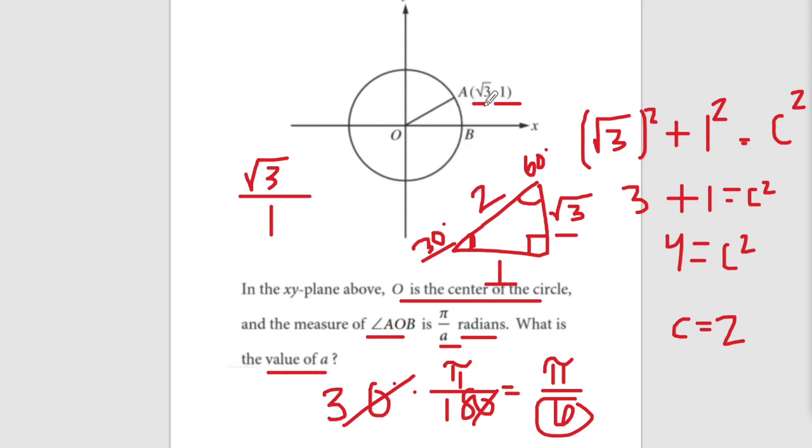So this is an x value and this is a y value. What we did here is we put them in a 30, 60, 90 degree triangle, and we solved it the same way, with x and y values.